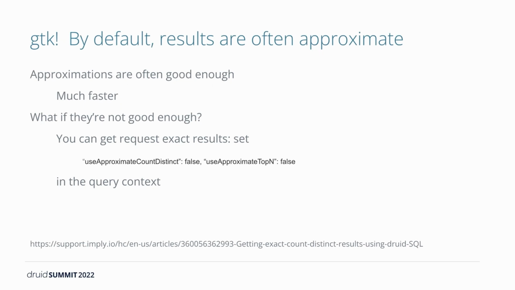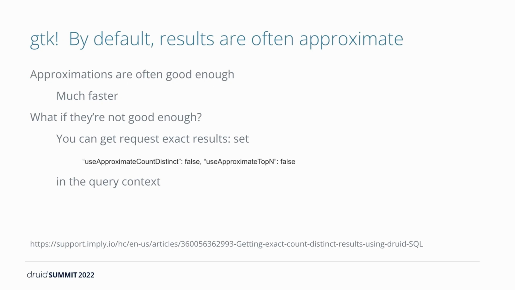So you can set this using those radio buttons in the console, but you can also set these in the query context. And the more general one is use approximate top n. In particular, if you're doing count distincts, there's a use approximate count distinct option. You can set these to false in the query context to get exact results.